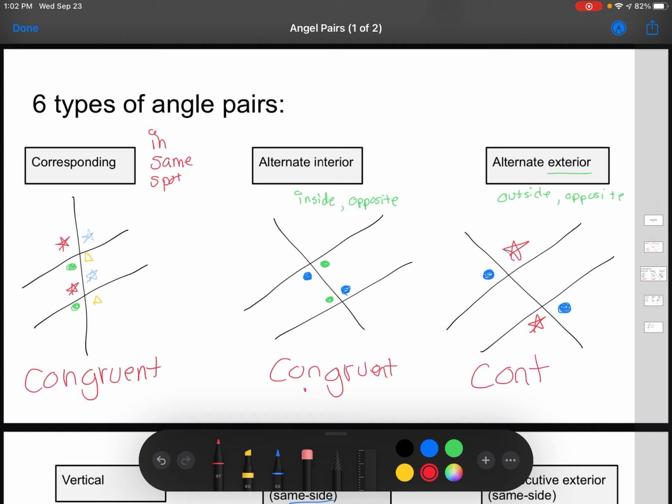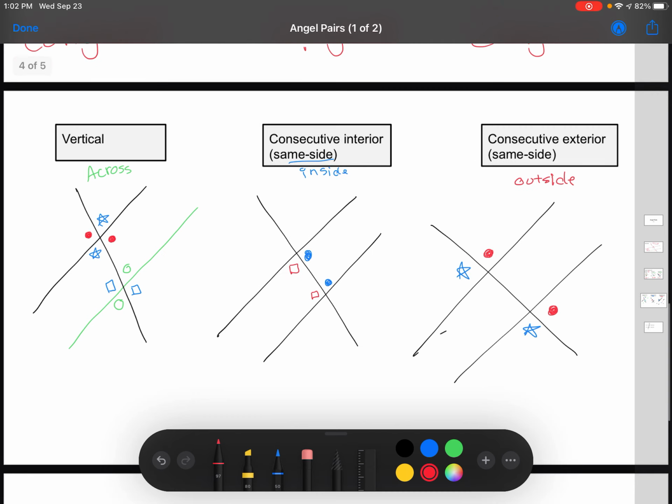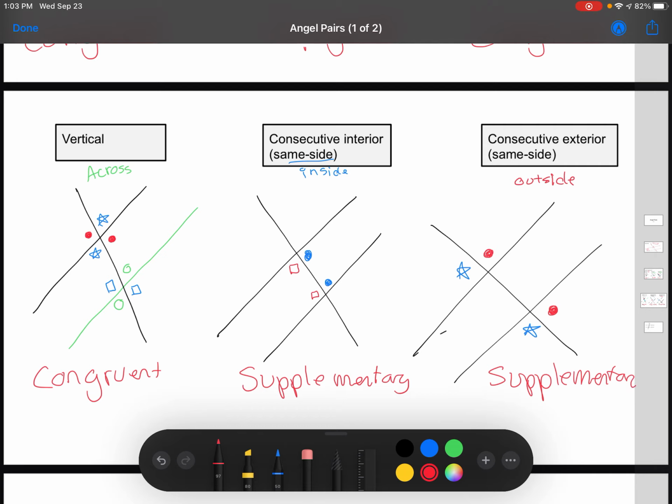And alternate exterior are congruent. Right. So our first three were all congruent to each other. And then the last three, vertical is congruent. But the consecutive, both sets of consecutive are supplementary. Which we learned in the last lesson means that they add up to 180. Right?